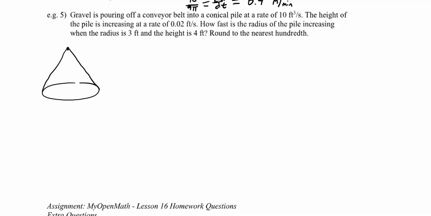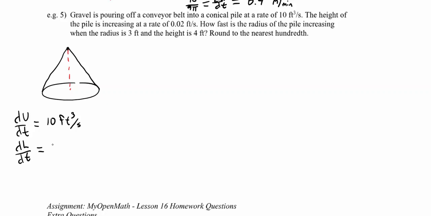Okay, so what do we know? We know dV/dt, which is equal to 10 feet cubed per second. We also know dh/dt.